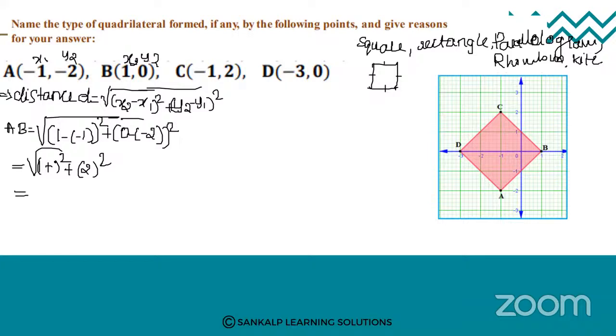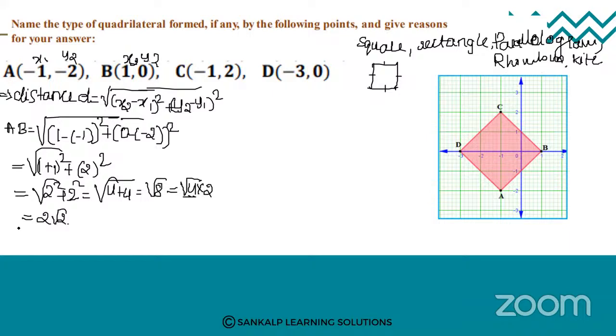So what will you get? 2 square plus 2 square, that is 4 plus 4, you will get 8. Okay, so 8 can be written as 4 into 2. So 4 is a perfect square number. When it comes outside, it becomes 2 root 2. So this is the value of AB.